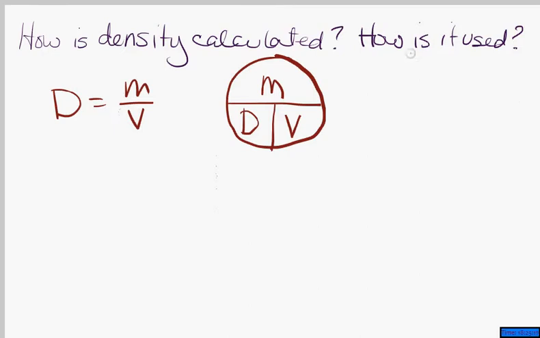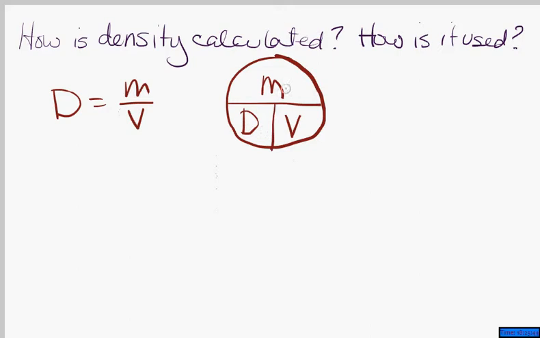For example, say that I want to solve for density. If I solve for density, I'm just going to cover up density, and my formula is mass divided by volume. If I'm trying to solve for volume, I can cover up volume and find out that my formula is mass divided by density.